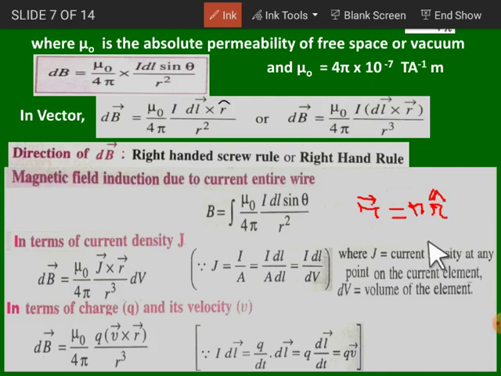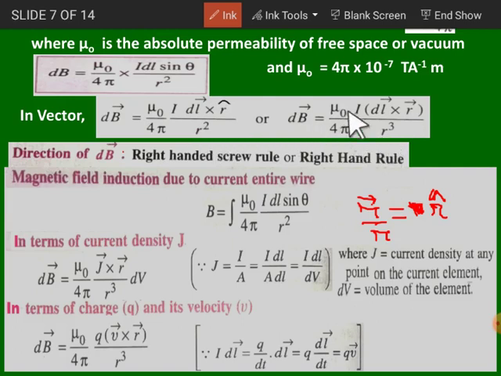Got it? So your r cap will be equal to r vector divided by r, if you transfer this r to this side. So if you want to express this r cap in terms of r vector here, then one r comes in the denominator, so that r and this r square will give you r cube.